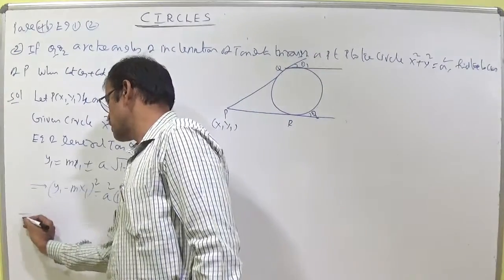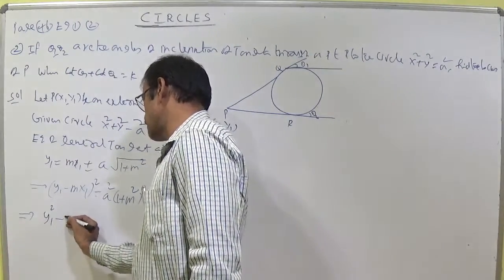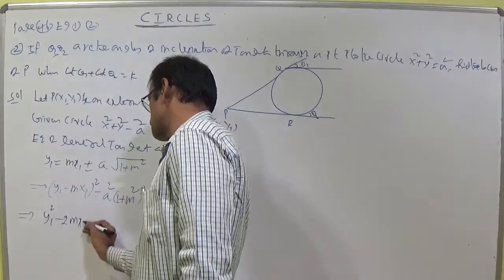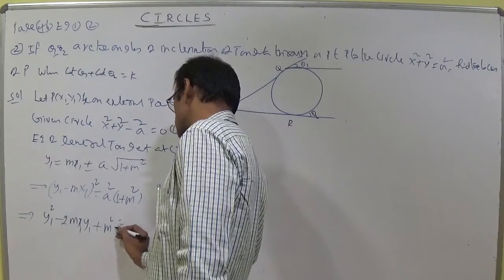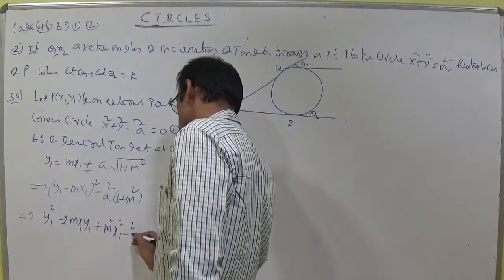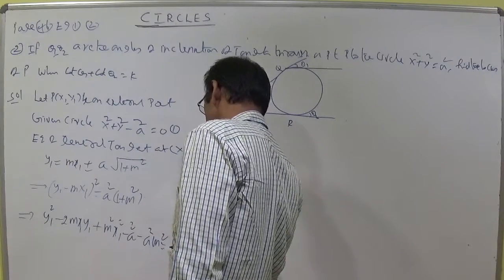Now, by squaring both sides, as I had already written, you can expand it as y1 square minus 2m x1 y1 plus m square x1 square minus a square m square is equal to 0.